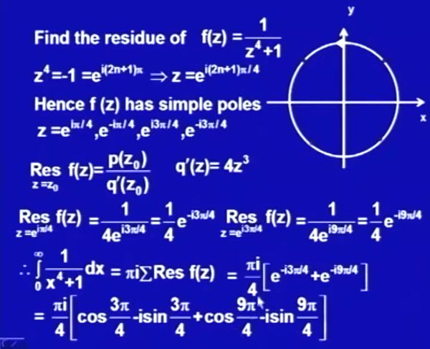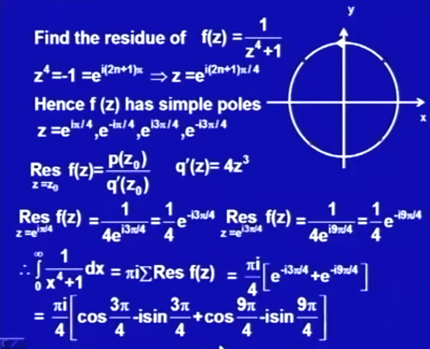Cos 9 pi by 4, 9 pi by 4 means 2 pi plus pi by 4, that is this angle. We do know that cos of 2 pi plus theta is cos theta, sin of 2 pi plus theta is sin theta. So, we are getting the same as cos pi by 4 and sin pi by 4. Cos pi by 4 is 1 by root 2, sin pi by 4 is also 1 by root 2.